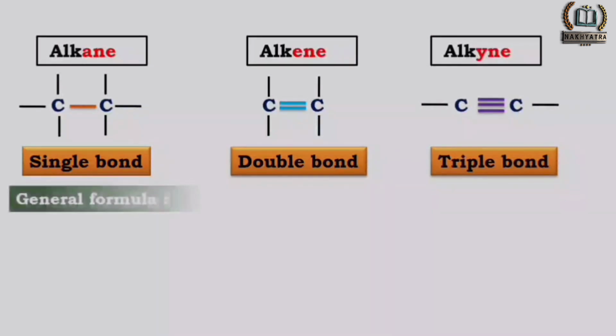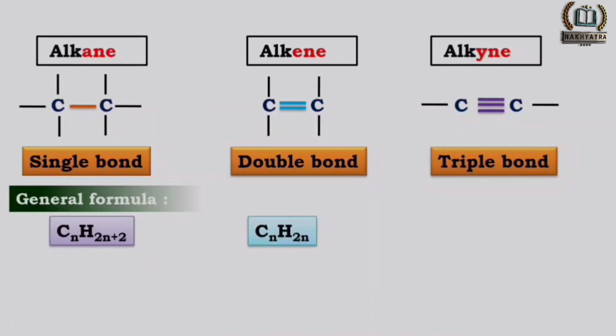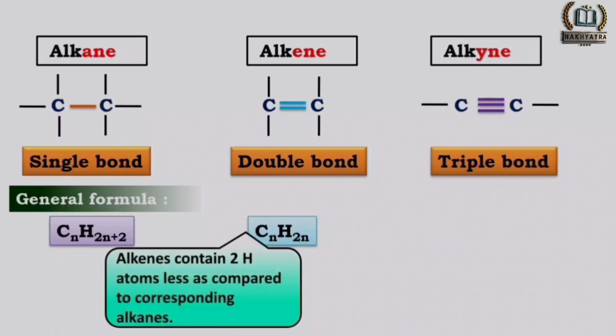Alright. So the general formula for alkane is CnH2n+2. For alkene, it is CnH2n. Here see, alkenes contain 2 hydrogen atoms less as compared to corresponding alkanes.